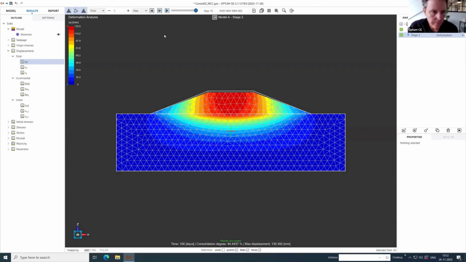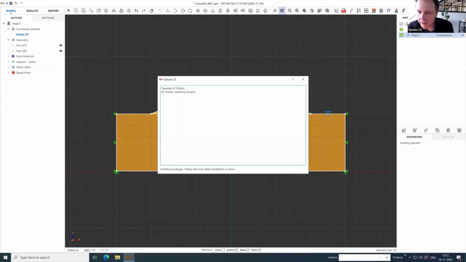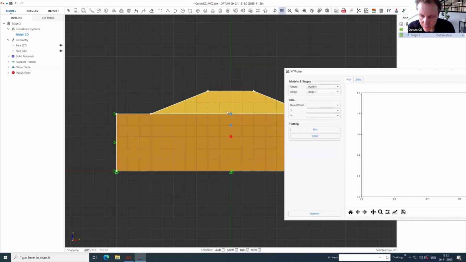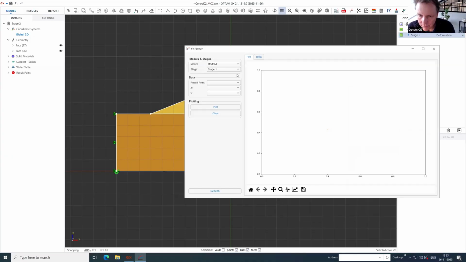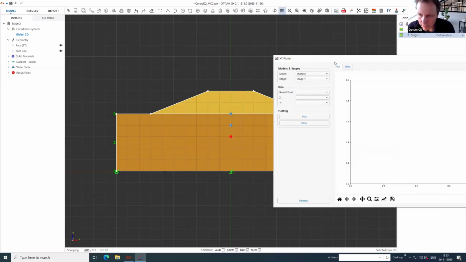So that's good. And I wanted to also show, it's a sort of debut of a new plugin, the XY plotter, because it could be nice to plot. You see, I put some result points down here. So these can now be plotted with this tool here. We have points 1, 2, and 3.